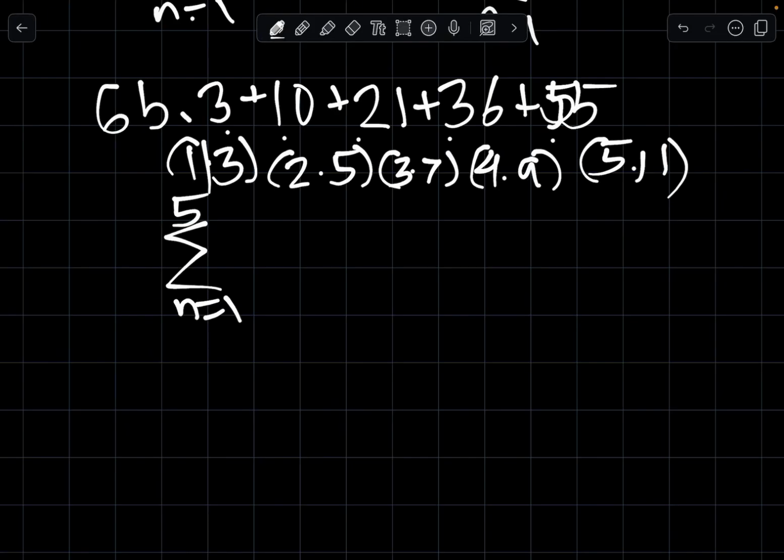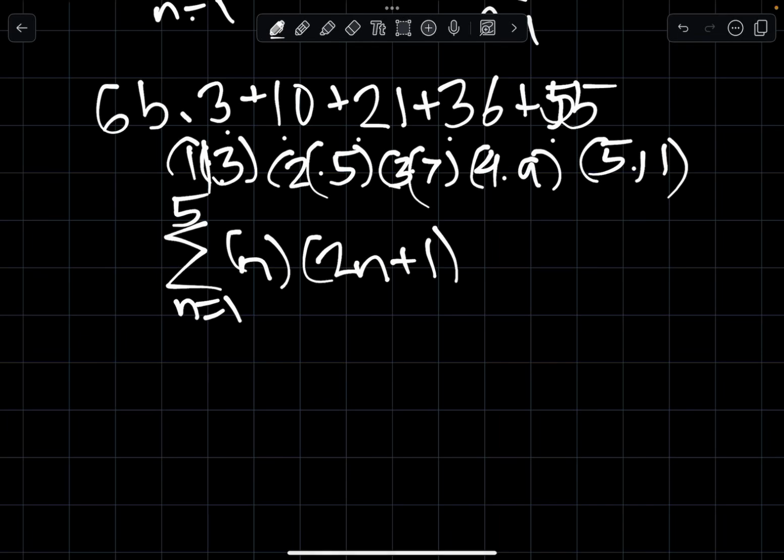And this is kind of what we were doing earlier. So let's write that down. Since n is just going to be an integer for each of the first factors, you can write that. And since the second factor for all of these is an odd number, you can write it as 2n plus 1, not minus 1 this time, because our first one is 3. And that gets us our solution.